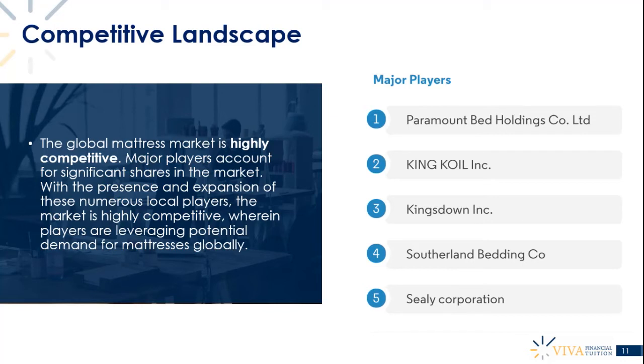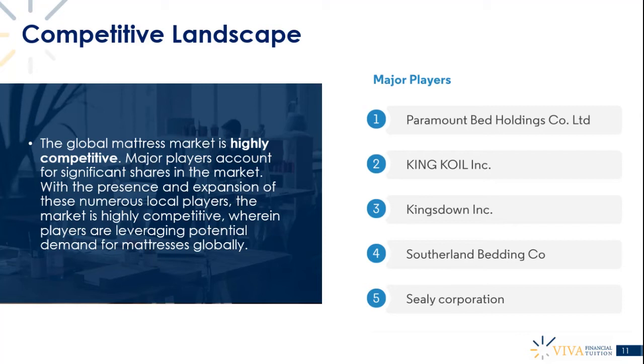So we have a lot of both international and regional players in this space, wherein players are leveraging potential demand for mattresses globally. That is to say, the growth in demand, especially amongst those Southeast Asian countries, for the international players especially, and the expanding players who are looking to move into perhaps neighboring markets as well. That's where they're looking.